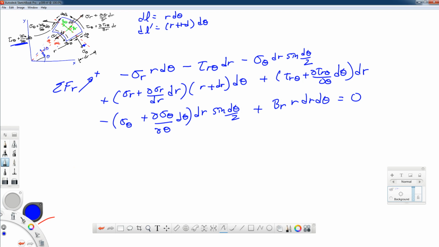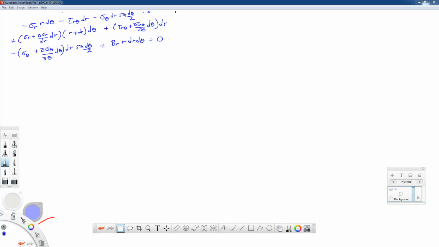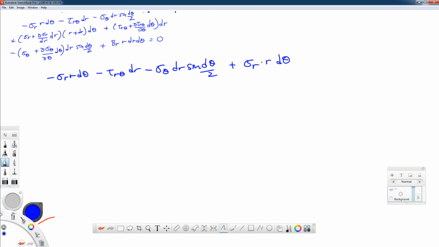Let's go ahead and multiply all these terms out. It's probably worth doing once. Let me make a little room. So minus sigma r d theta minus tau r theta dr minus sigma theta dr sine d theta over 2. Now here's the multiplication. We're going to have a sigma r times r d theta.